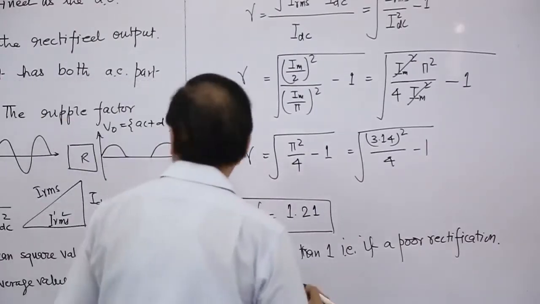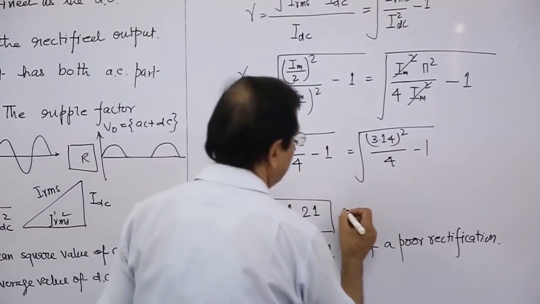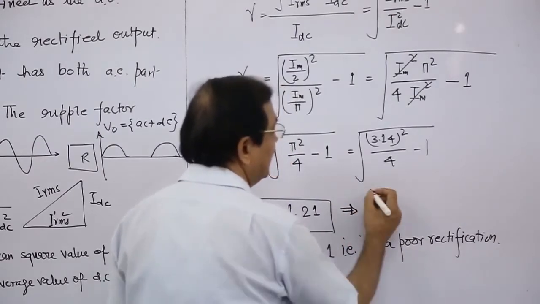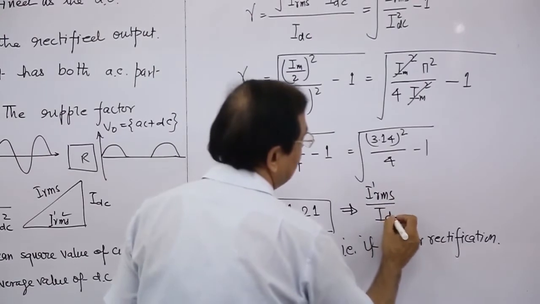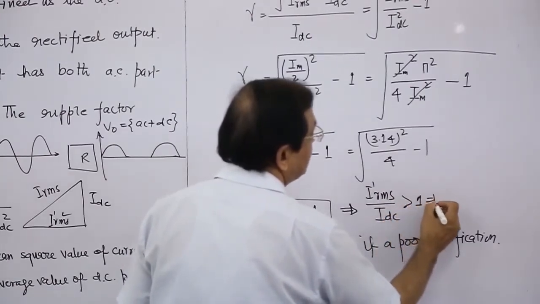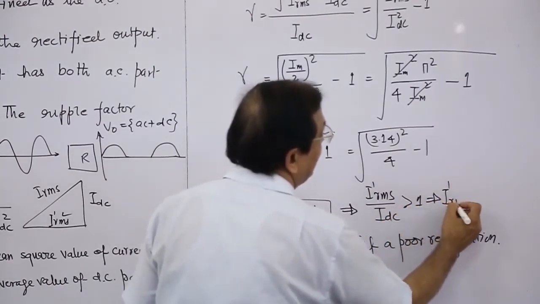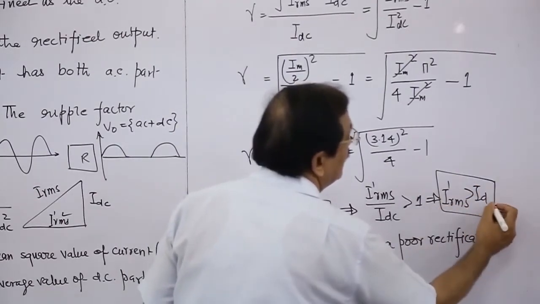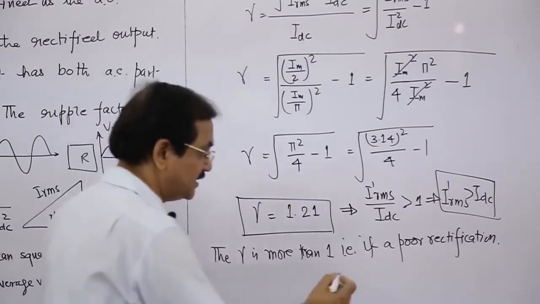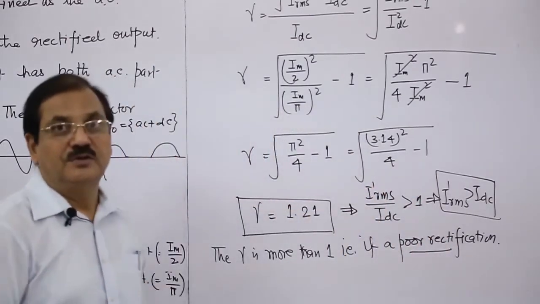Gamma is more than 1 means, you can analyze, I dash RMS upon IDC is greater than 1. This implies I dash RMS is greater than IDC. And that is why it is poor rectification.